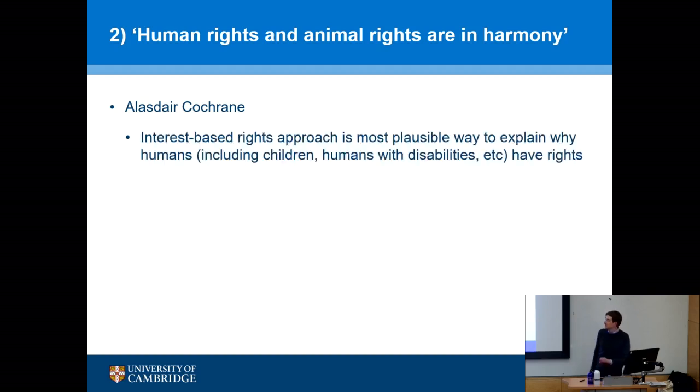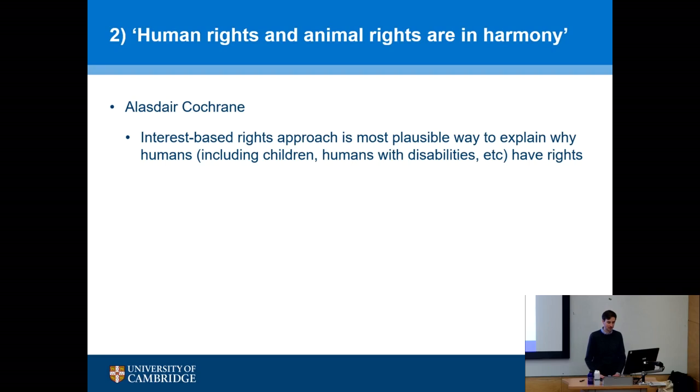Now, Cochrane defends an interest-based rights approach. We came across this distinction between will-based approaches to rights and interest-based approaches to rights in our legal theory sessions. Essentially, if you will recall, interest-based approaches say you have a right to something if you have an interest that is sufficiently weighty to impose a duty on someone else to protect that interest.